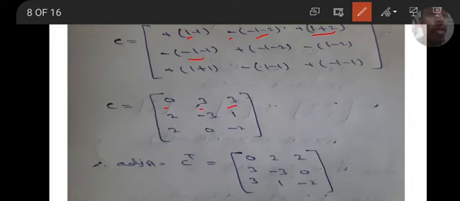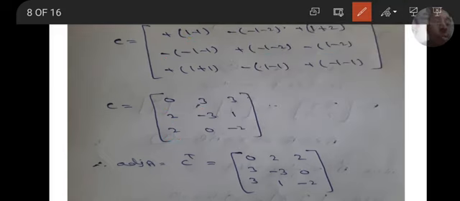Minus 1 minus 1 minus 2, minus 2 into plus 2, minus 3, it is 1 minus 2 minus 1, minus of minus plus 1, 1 plus 1, that is 2, 0, and minus 2. It is the cofactor matrix.